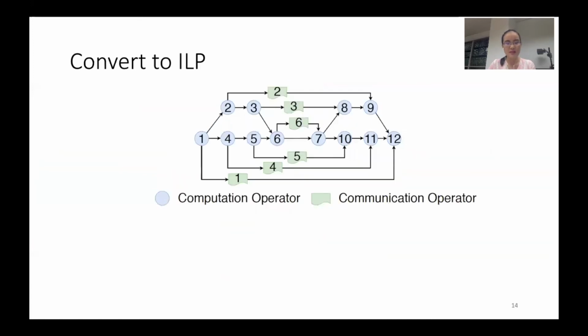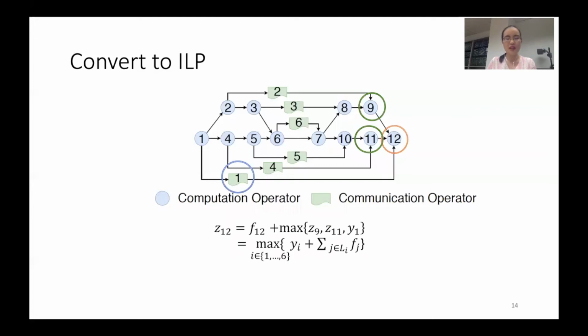Let's see an example of such a DNN structure first. The training time of one iteration depends on the last computation operator 12. And the computation operator 12 depends on its precedent computation operators 9 and 11, and also its all-reduce operator 1.